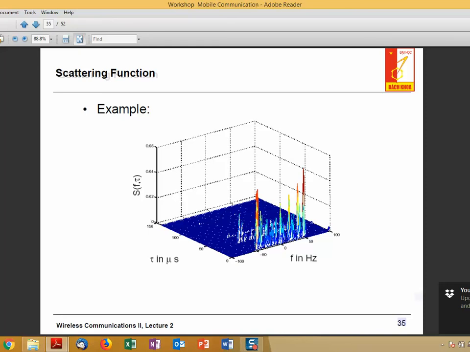That is the receiver. So let me set time, set place. That is the receiver signal power.